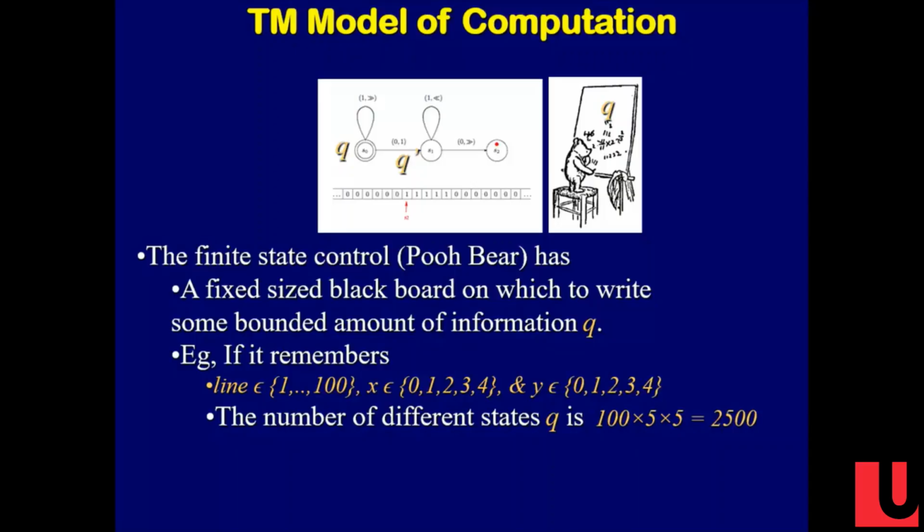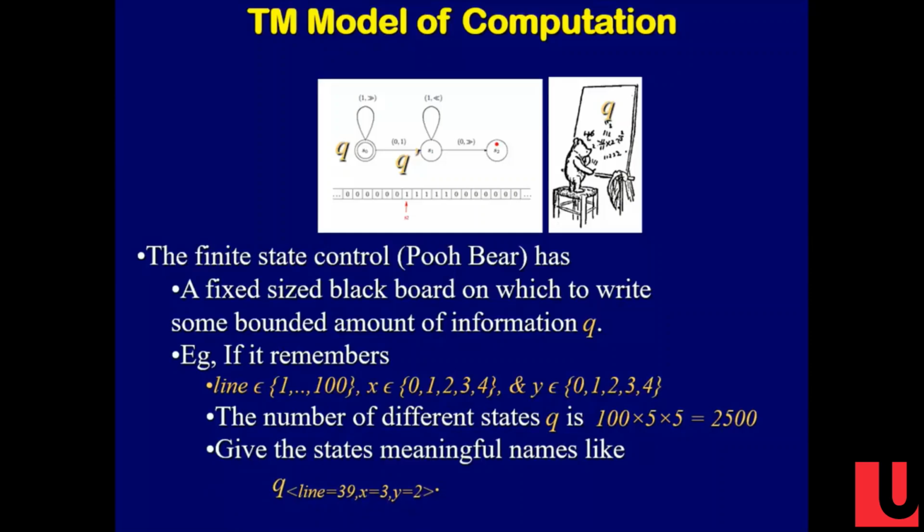And how do we name the states? We give them meaningful names. Everybody following this? So if these are the names of my states, how many states do I have? Well, there are 100 values for this, 5 values for this, and 5 values for this. This is how many states I have.